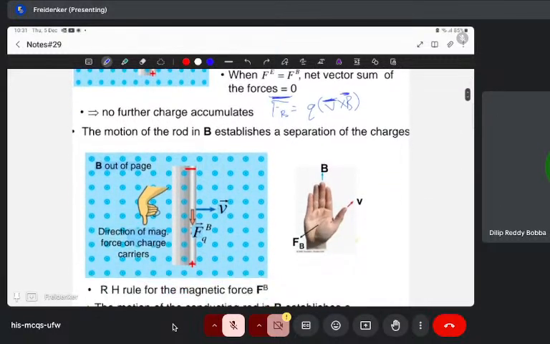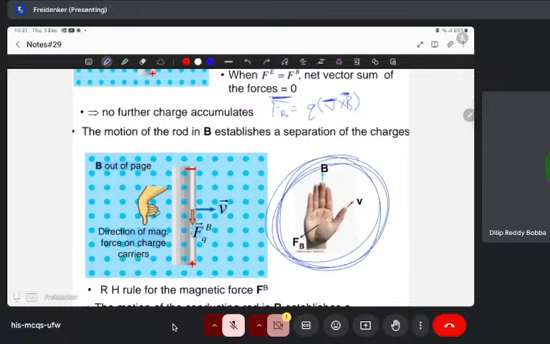Okay, this is what I was talking about. You point your fingers in the direction of the magnetic field. You point your thumb in the direction of the velocity. Your palm will give you the direction of force due to the magnetic field. And this is general.